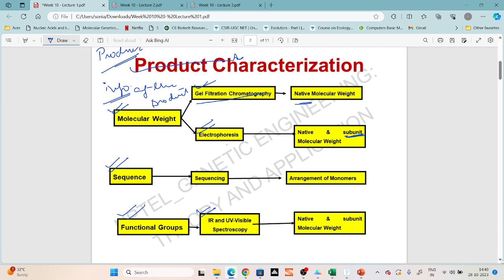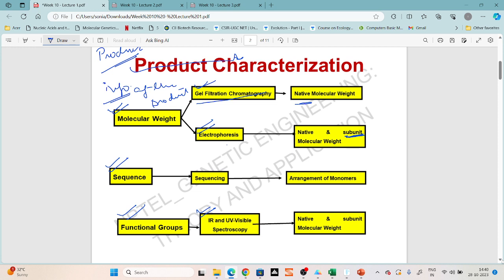Now, what is the difference between native and subunit molecular weight? Native molecular weight means the protein as a whole. It is not denatured, and the disulfide bonds are not reduced, so you have just one complete native protein that you have isolated. But when your protein goes through denaturation conditions, with treatment of beta mercaptoethanol or SDS, the different subunits of the protein get broken off.